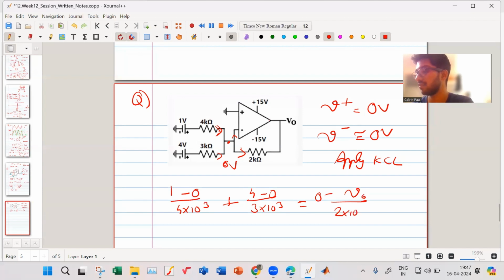The current into V minus is 0, because no current can flow into the input of the op-amp.